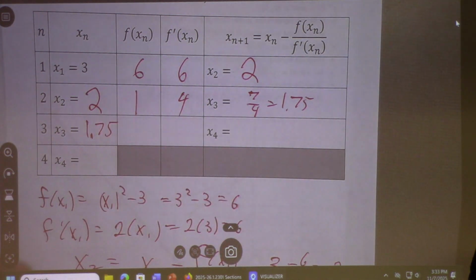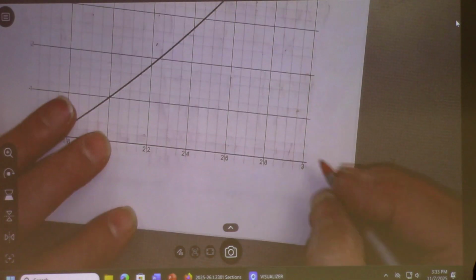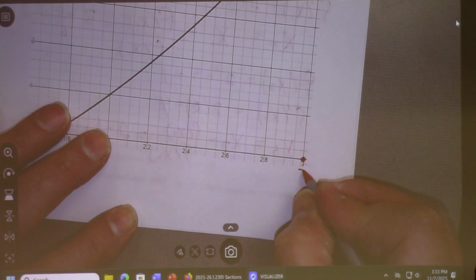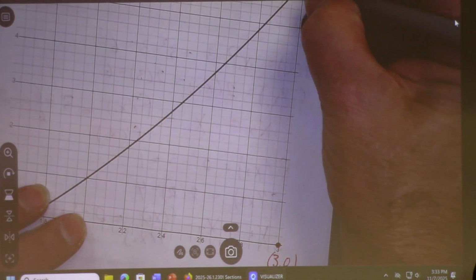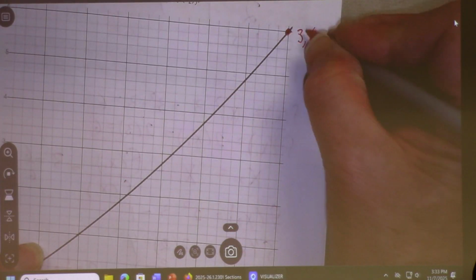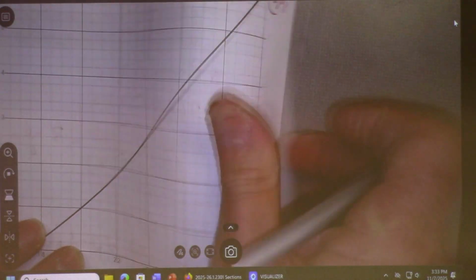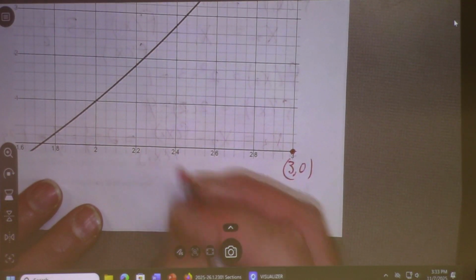Now I want to plot these points. Now if you follow these instructions, I've got to plot x1, 0, which is 3, 0. That was our first guess. Now that's not a root because its y value turns out to be way up there. This is the point 3, 6. So then we use the process to get our next x value, which is x2, the number 2.